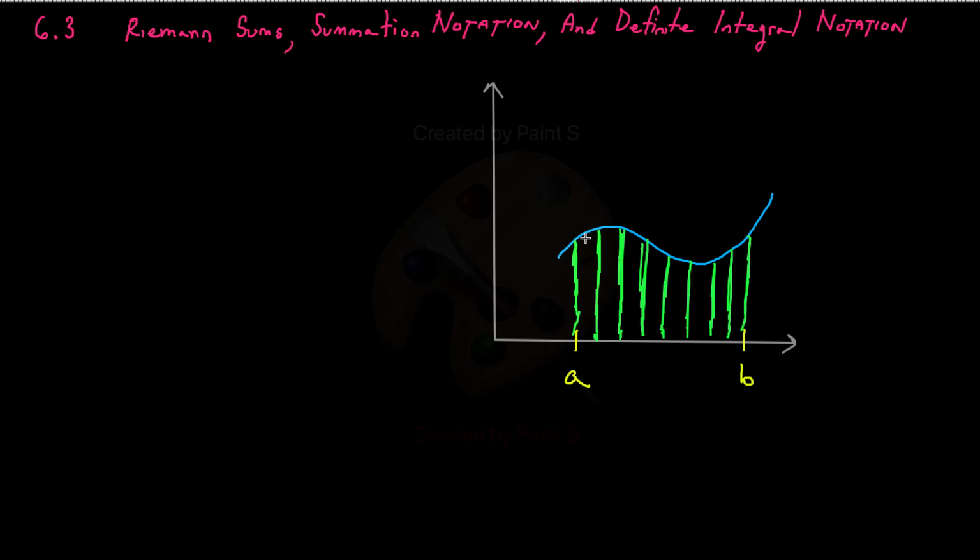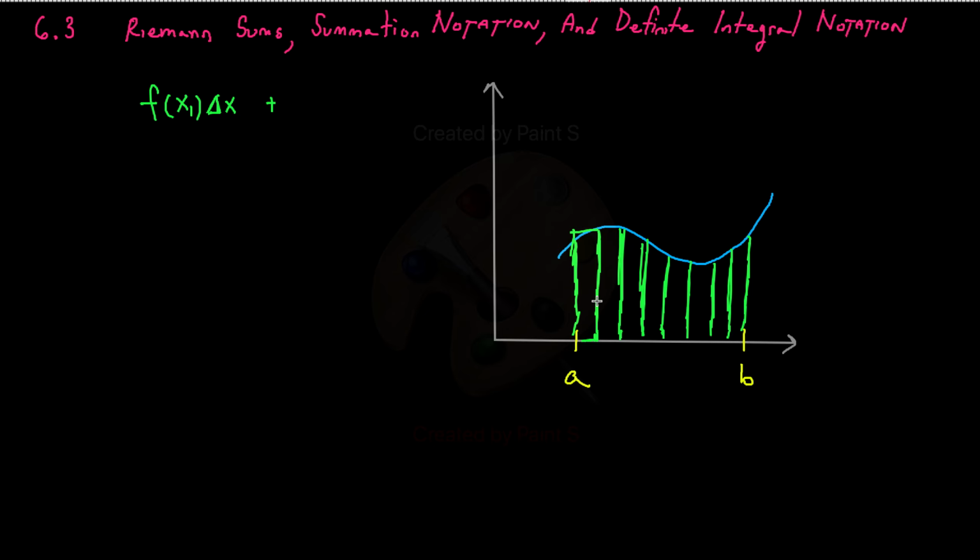It looks like f of x1 is the height of the first rectangle, times delta x, where delta x is b minus a over n, where there's n rectangles.